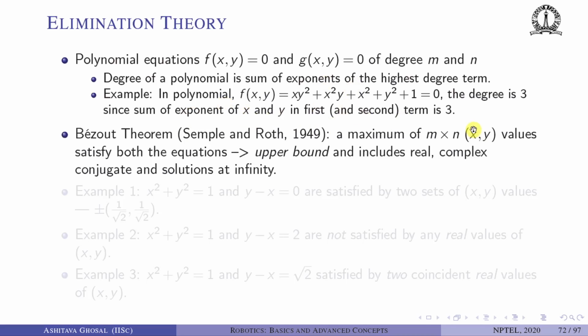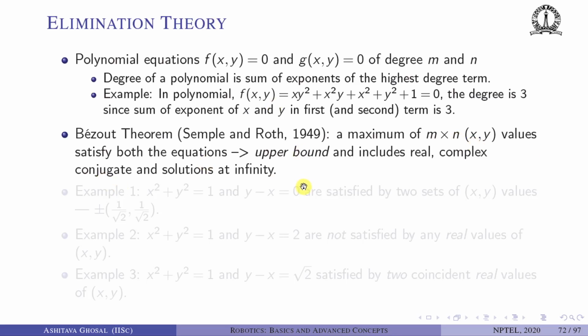What do we know? If you are trying to eliminate between two such polynomials, there is a very well-known theorem called Bezout's theorem. If I have two polynomials f of x comma y equals 0 and g of x comma y equals 0 of degree m and n, there is a maximum of m into n x y values which satisfy both these equations.